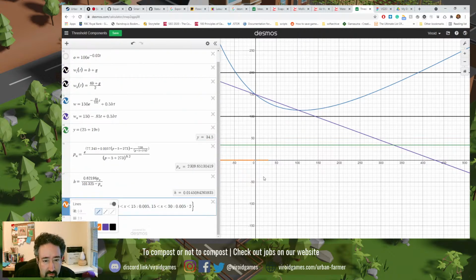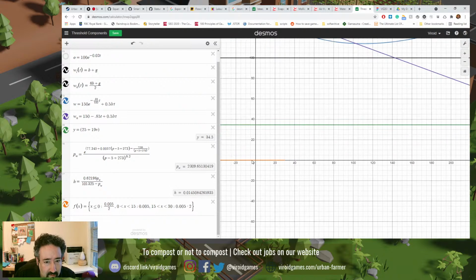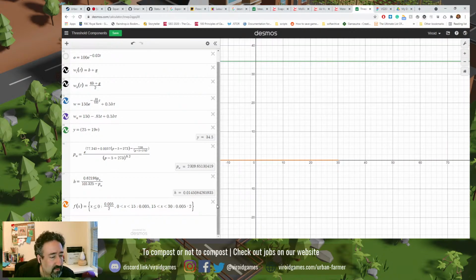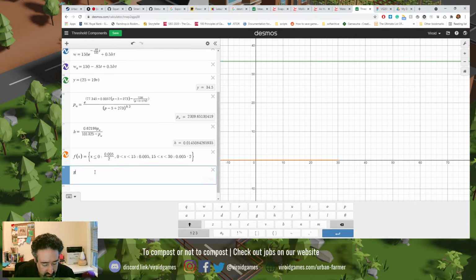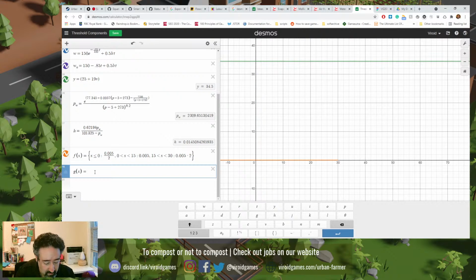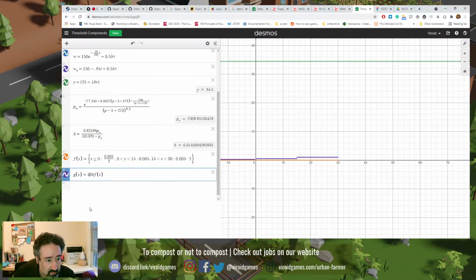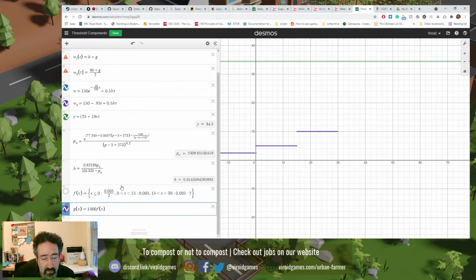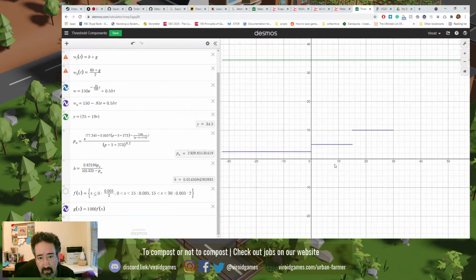The orange. The values are so small, it doesn't make much sense. I'll zoom in, or I'll multiply these values. I'll do like g of x is 100 times f of x. Okay, even 1000. Don't render that. I think we are done.